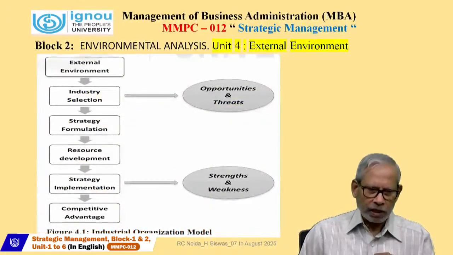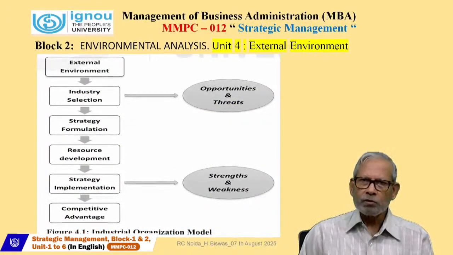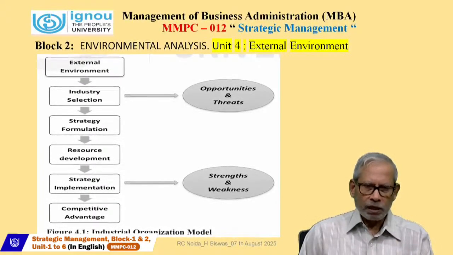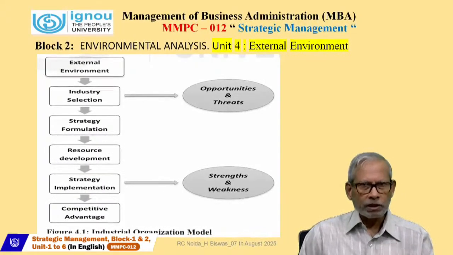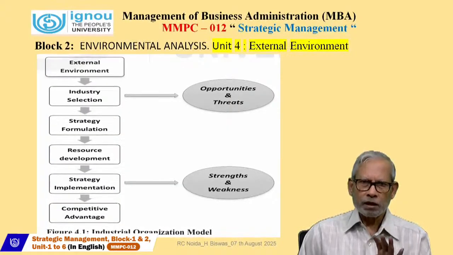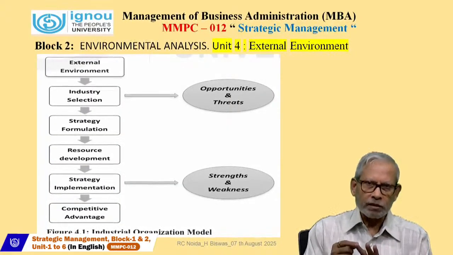Now, some diagrams are there, that is industrial organizational models, and through these models you can see some of the things, operational opportunities and threats, you can get it, and some of the other parts you can get, what are the strengths and weaknesses. There are 4 things as per the SWOT analysis, that is your strength, weakness, opportunity and threats.